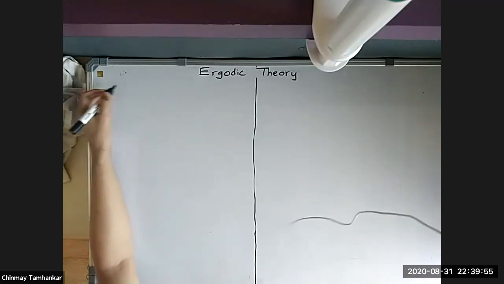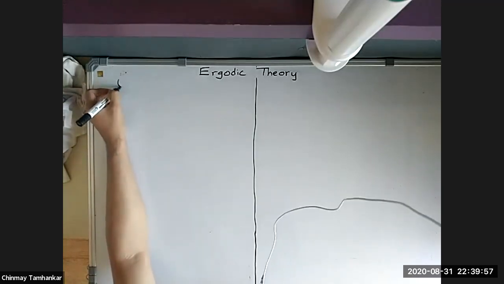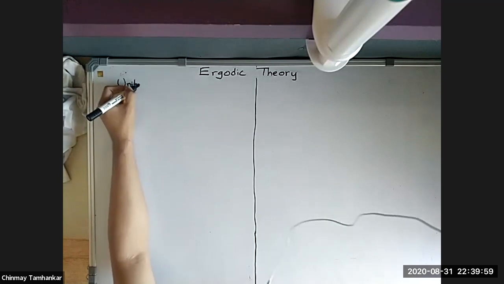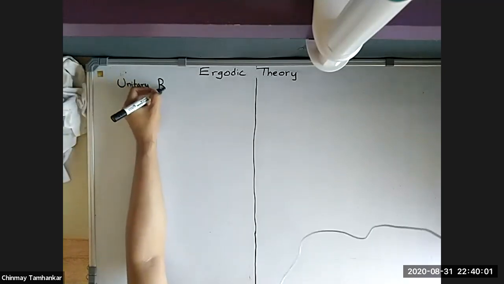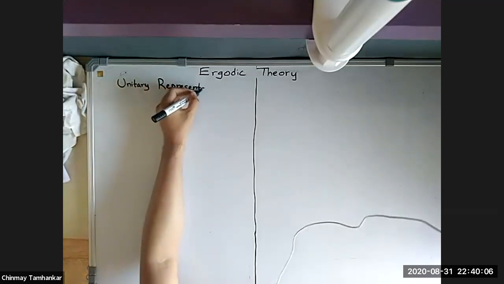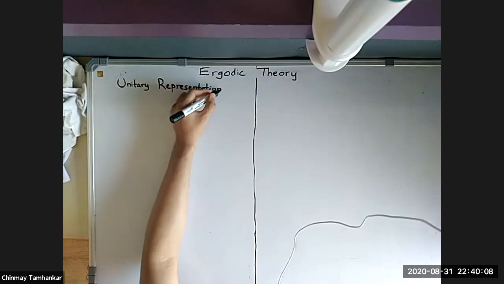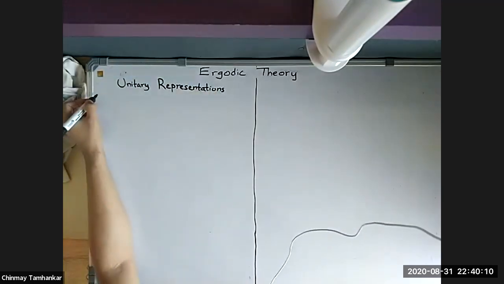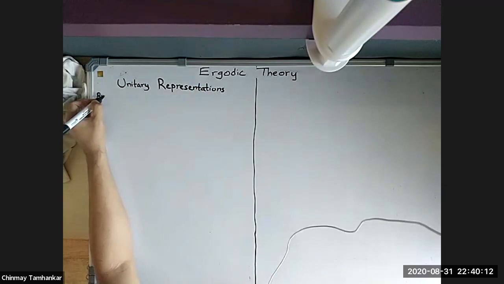First we'll recall a few facts about unitary representations. The first one is the obvious one.